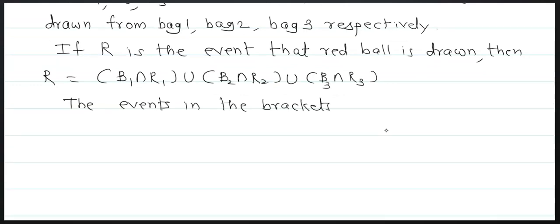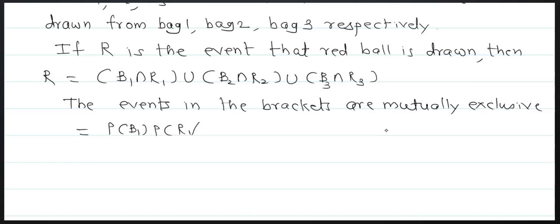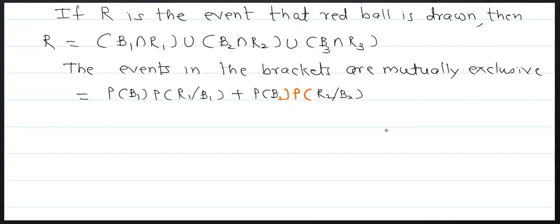The events in the brackets are mutually exclusive. Therefore, probability of R is probability of B1 into probability of R1 conditional B1, plus probability of B2 into probability of R2 conditional B2, plus probability of B3 into probability of R3 conditional B3.